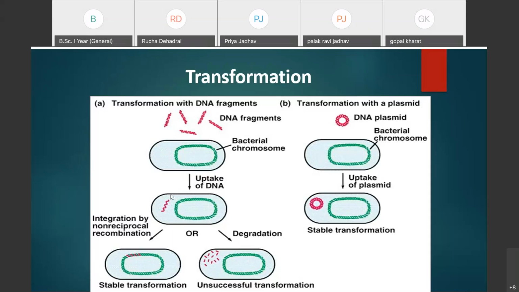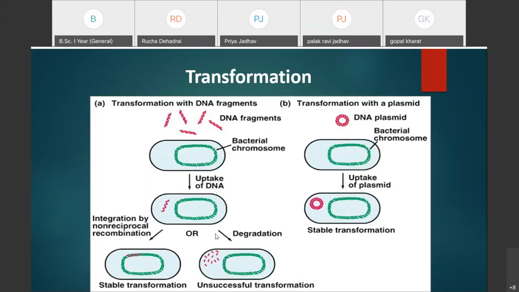Once it gets inside the bacterial cell, the exogenous DNA will combine with the bacterial chromosome, and that is called stable transformation.